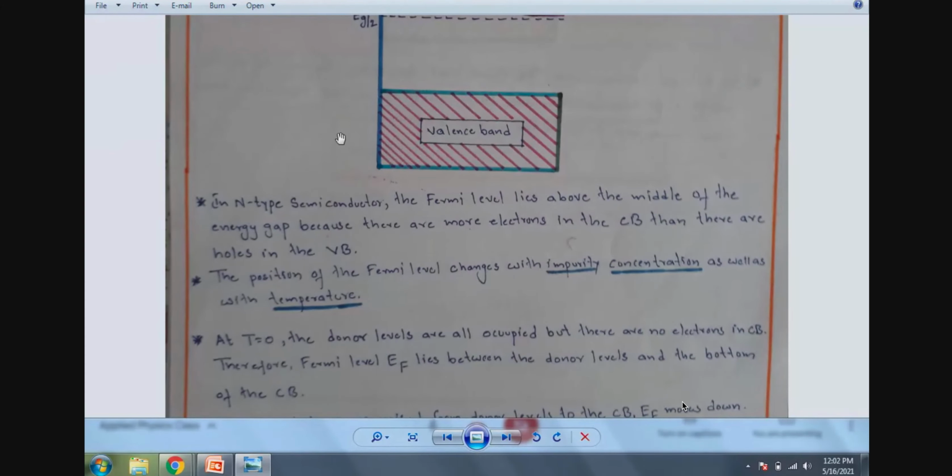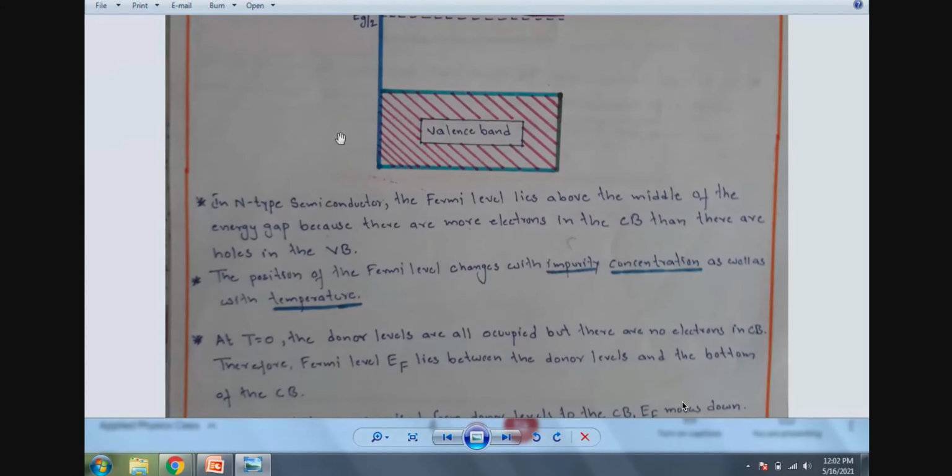So at this point, the total crystal that you have taken, the n-type semiconductor, behaves as an intrinsic semiconductor. We are talking only about temperature, isn't it? As the temperature increases, the Fermi level slowly comes downwards and becomes that of an intrinsic semiconductor.